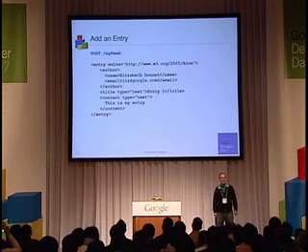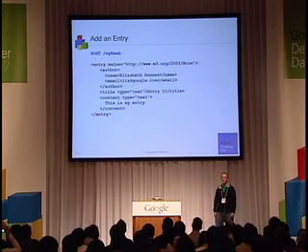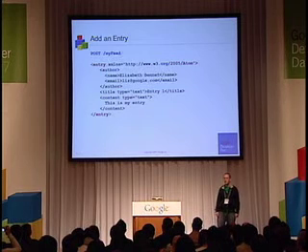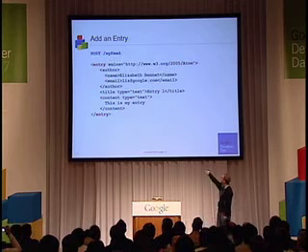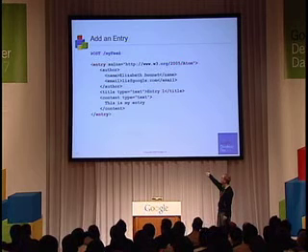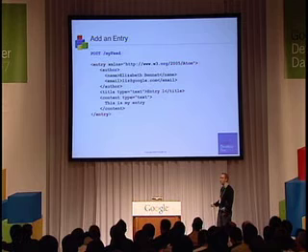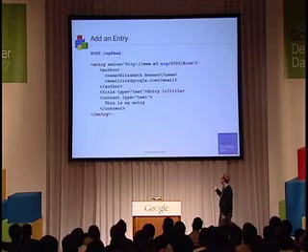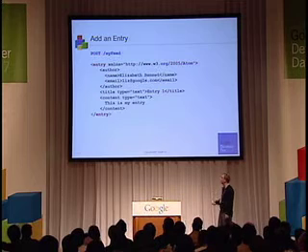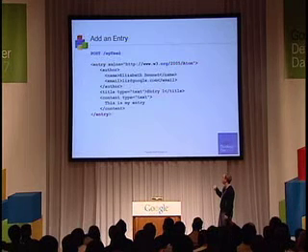So I talked about how you add a new entry using the HTTP verb POST. Here's an example of doing that. In this case, we're doing a POST to /myFeed, our fictitious feed. And we're specifying the entry in the body of the post. This entry is a very simple entry.